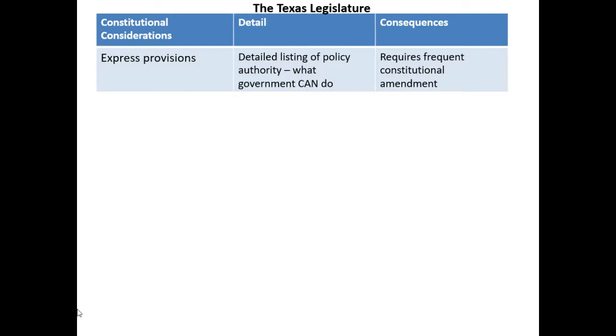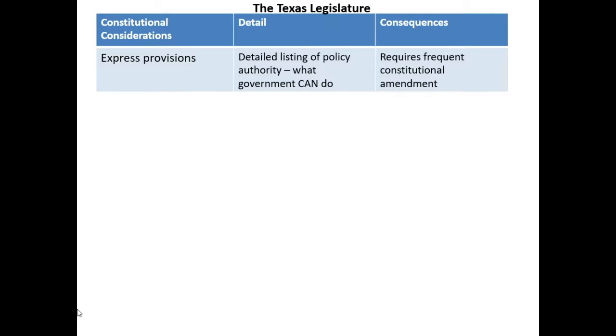Through really today, Texans have this idea that the last thing you want to do is turn the legislature loose, the people's branch of government. The last thing you want to do is take the straitjacket off of them. What you have to do is keep putting more and more restrictions on the legislature in the form of policy authority.